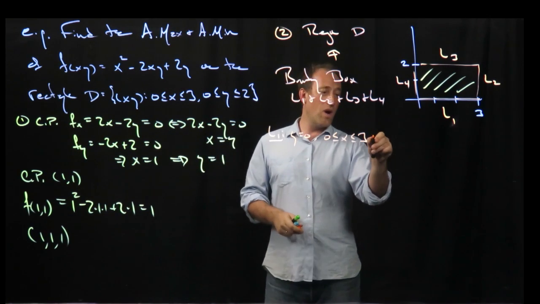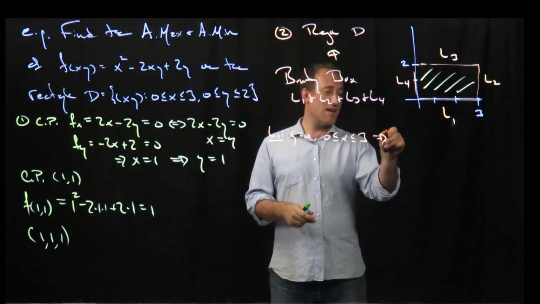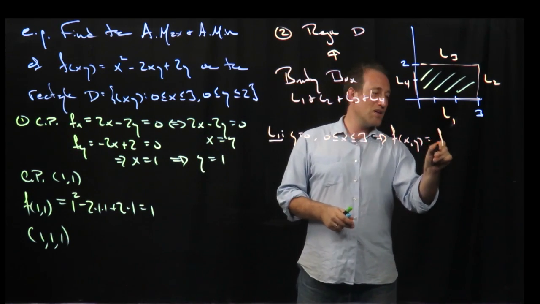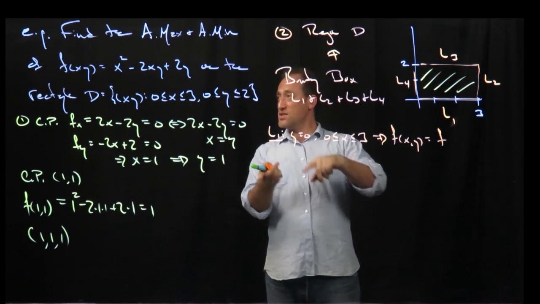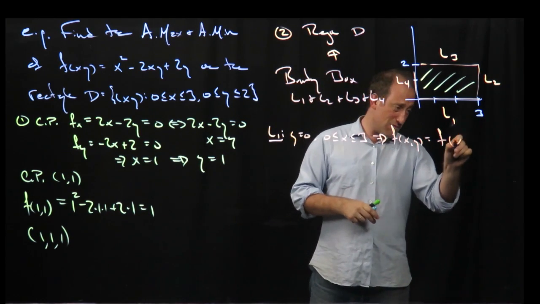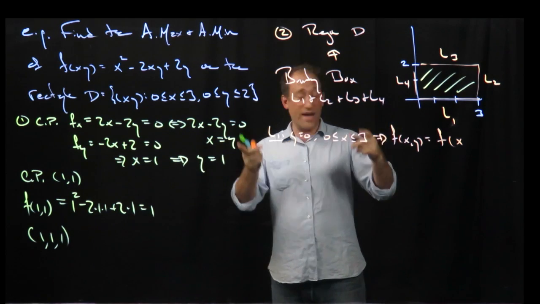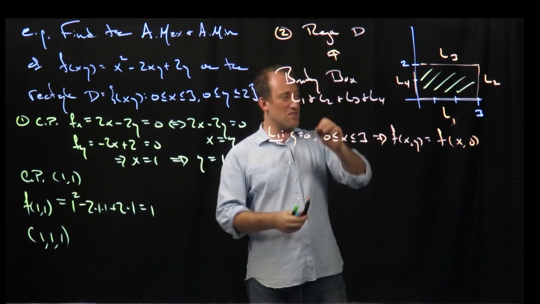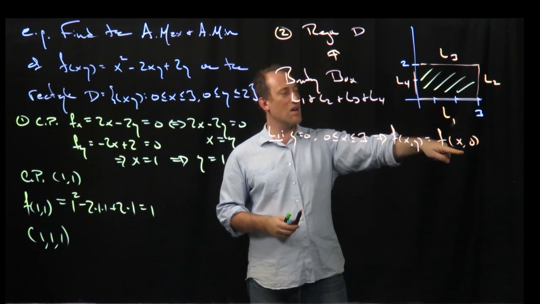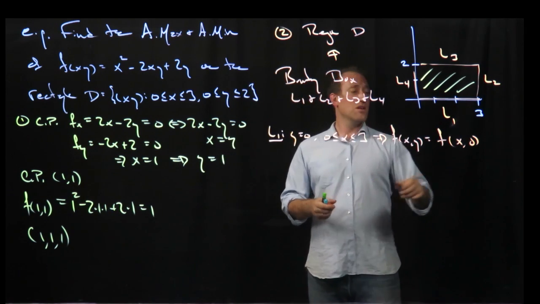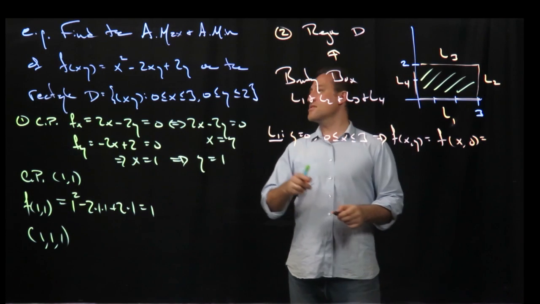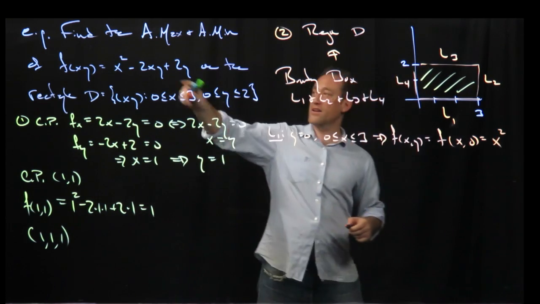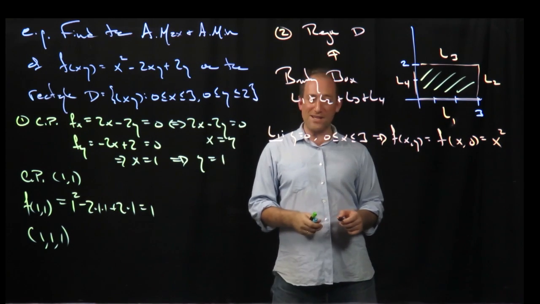When I'm on L1 and y is 0, my function f of xy becomes f of x, 0. A similar analysis to the one we did when playing with limits, because I'm traveling on the x-axis, y is always equal to 0, so this is going to be a simple x squared, because it zeroes out all the terms with y's.